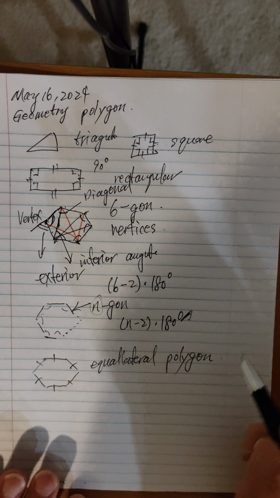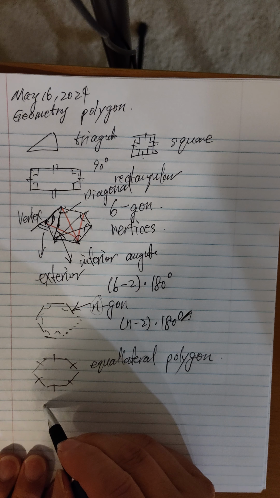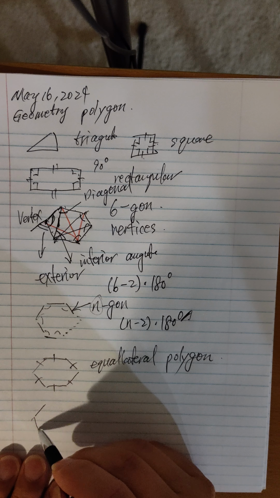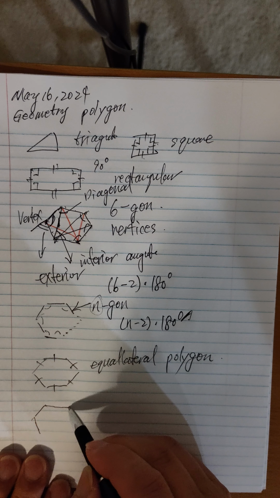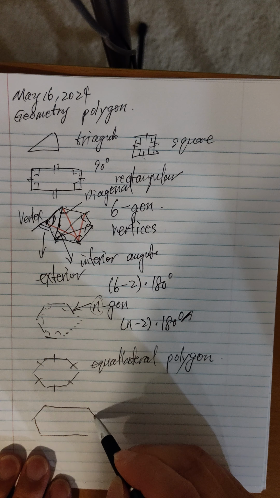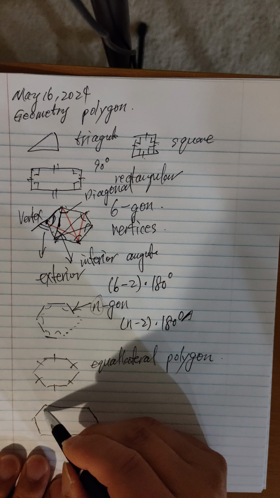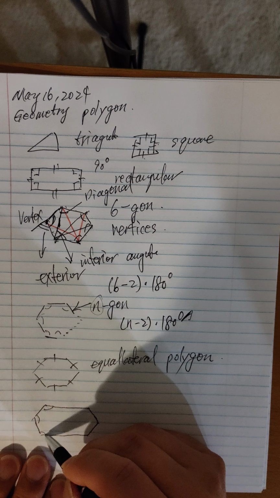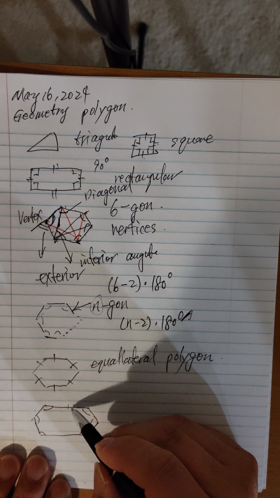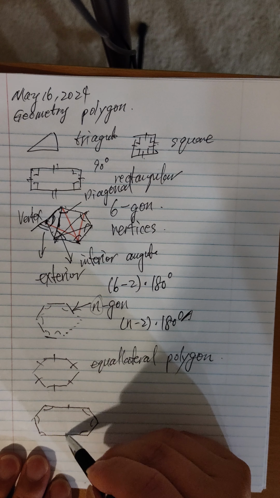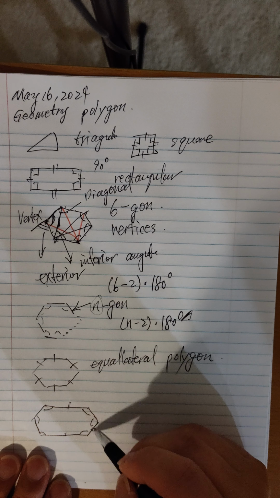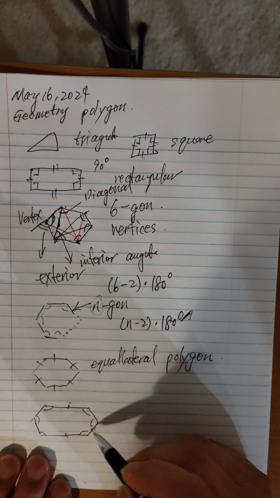Okay. But if we have something like that, and indeed those angles are exactly the same angle, but the sides, for instance, on this side and this side, those two sides are equal, but this side and this side are not equal.